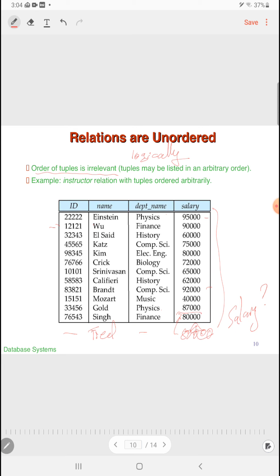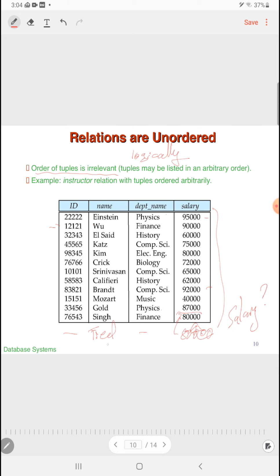I don't want that limitation. That would not be an acceptable or reasonable limitation. So even though salary happens to be unique here, it's not necessarily unique.